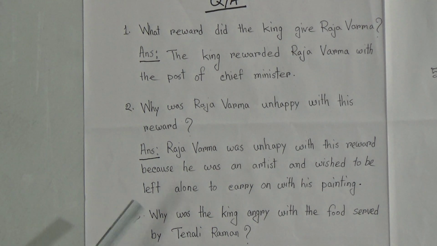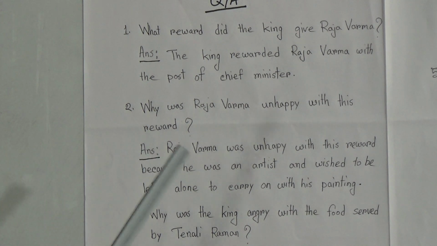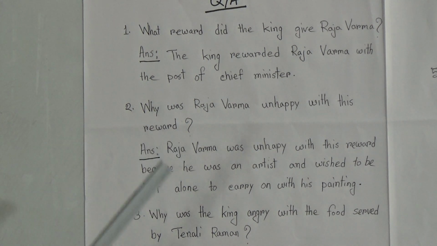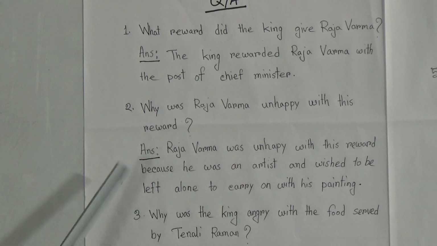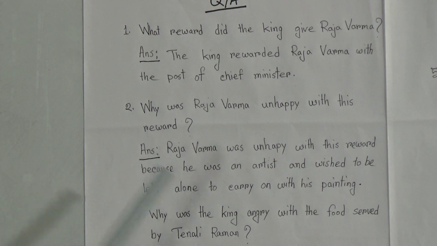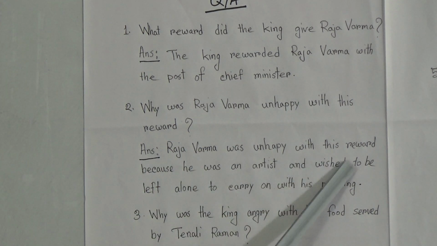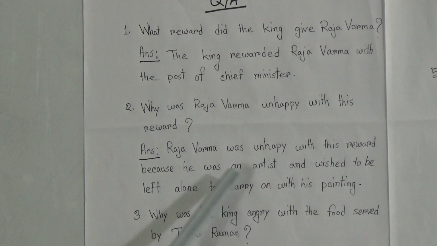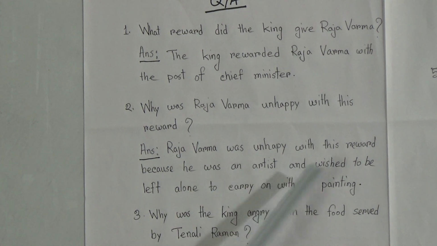He just wanted to carry on his painting. So he was unhappy, and he couldn't refuse the king about the post. So the answer here is, Raja Varma was unhappy with this reward because he was an artist and wished to be left alone to carry on with his painting.